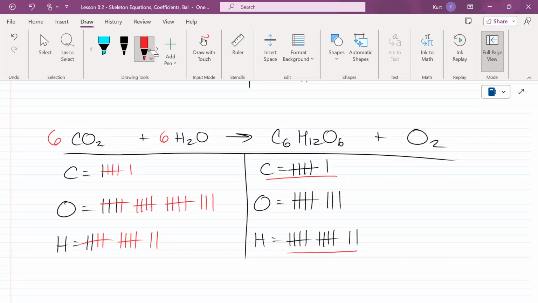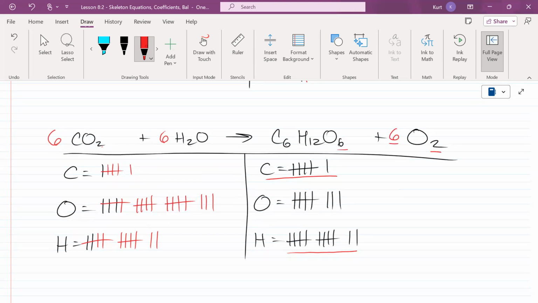Okay. You guys have 8 oxygens on the reactant side. Excuse me, on the product side. Any suggestions as what we should do? Our carbons look good. Our hydrogens look good. What should we do to finish it off, Trey? He says put a 6 in front of O2. Trey, what is 6 times 2?